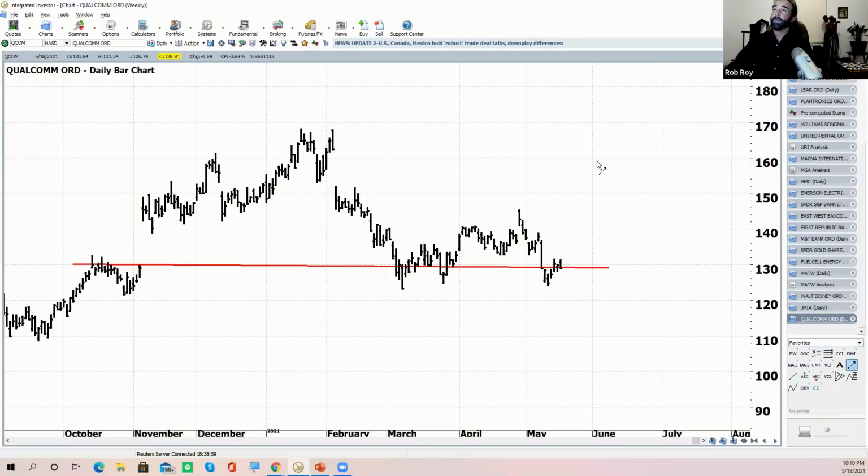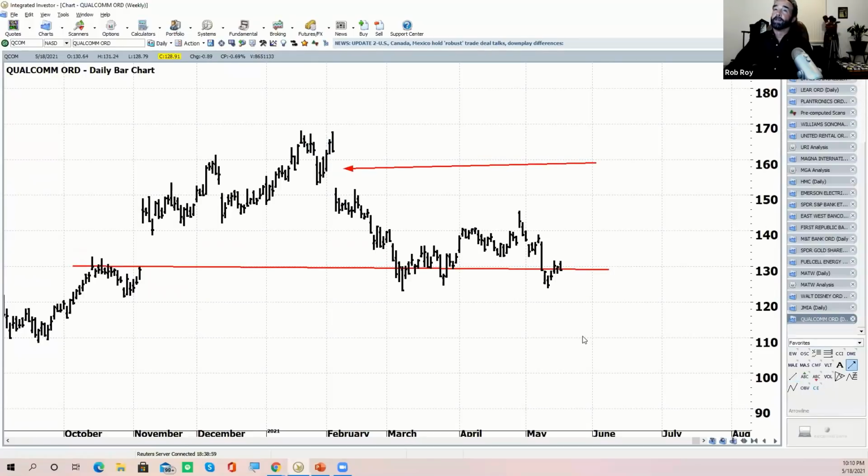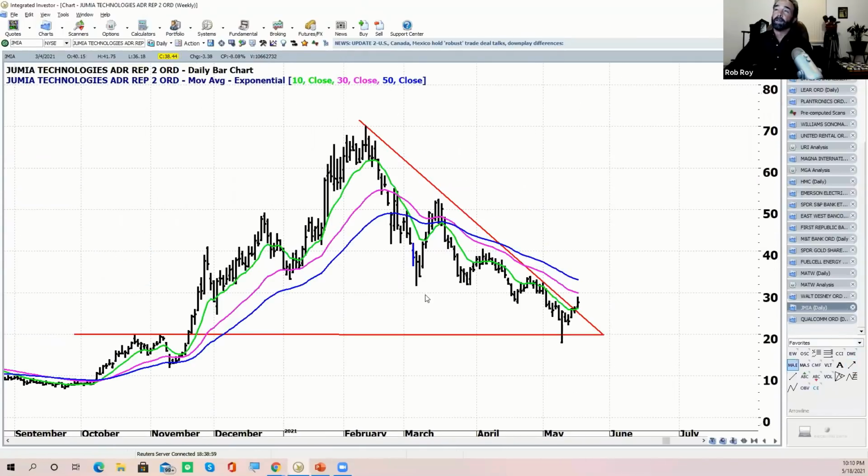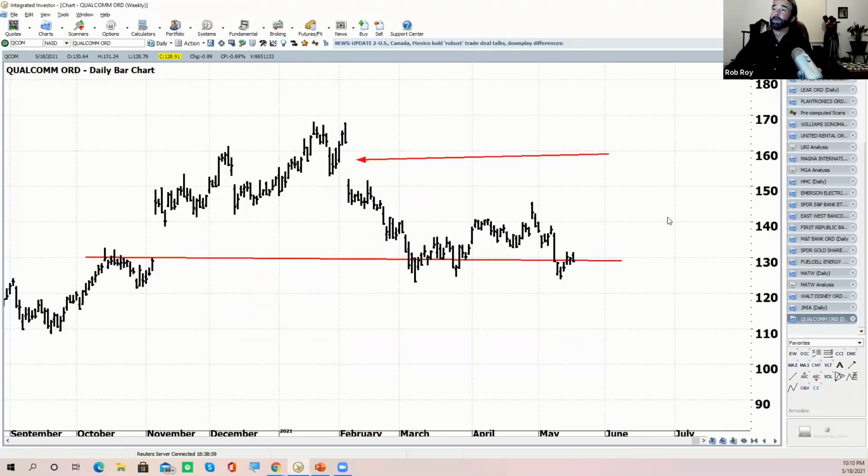Still see this gap up here that at some point is going to get filled. If we start to see some life in technology, maybe the market does turn around and run up. That would be pretty impressive in my opinion, but the market has done some impressive things in the past as well. But there's a gap there still in Qualcomm.